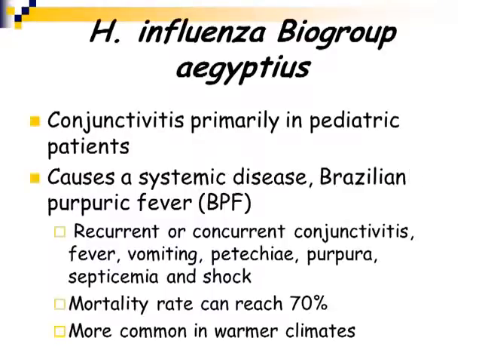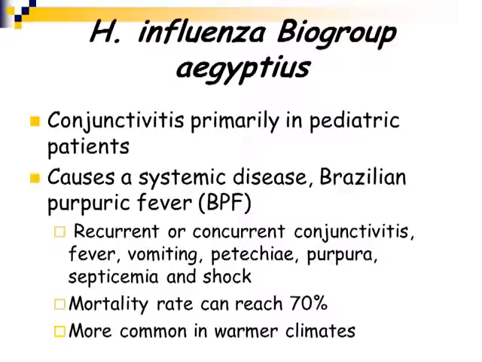Now, conjunctivitis caused by aegyptius is predominantly in children, but this organism can cause a systemic disease called Brazilian purpuric fever, and this is a recurring conjunctivitis, and it can be a conjunctivitis that occurs along with a fever, vomiting, a rash or petechiae, can lead to septicemia, shock, and death.